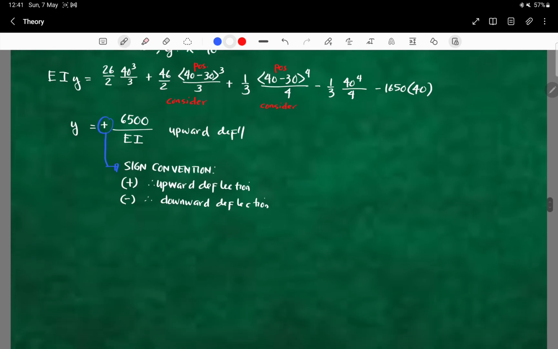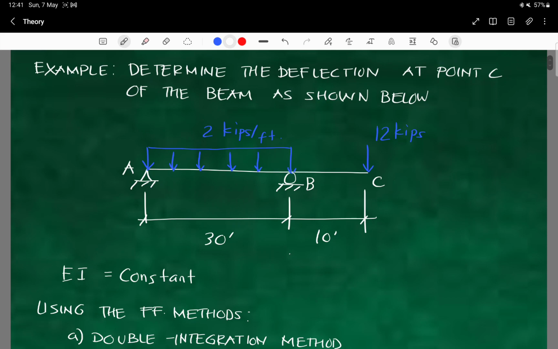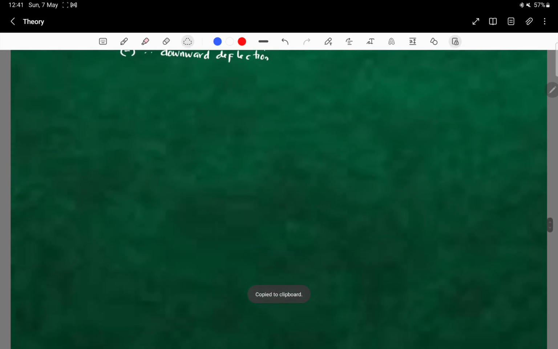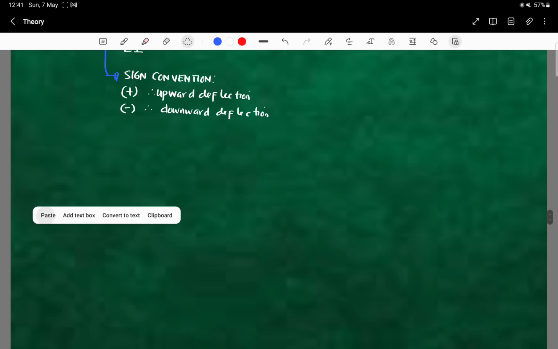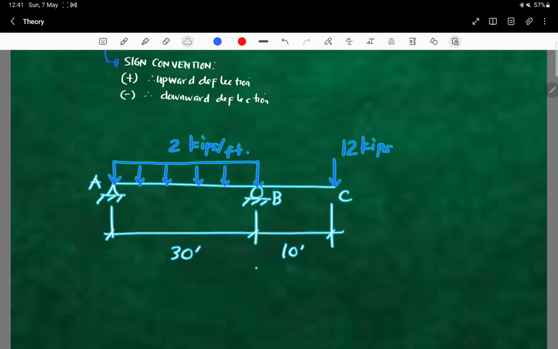Now if we draw this elastic curve, this is what it will look like. It is 0 here, 0 here, and then here it is upward.